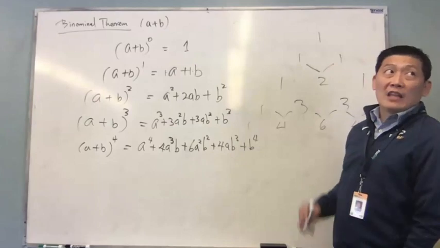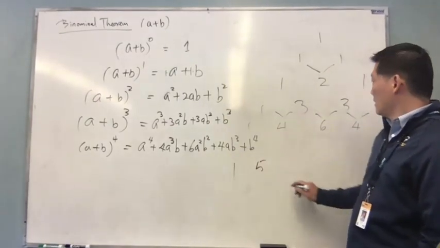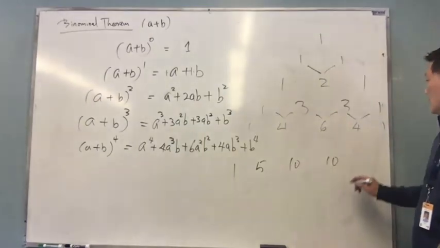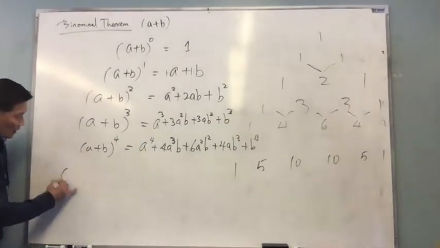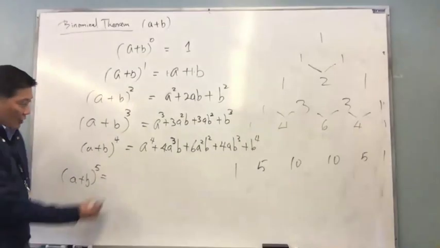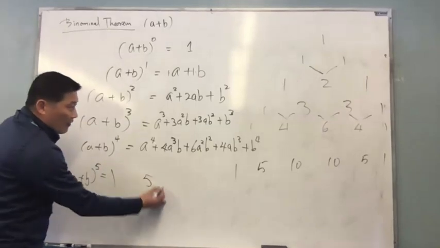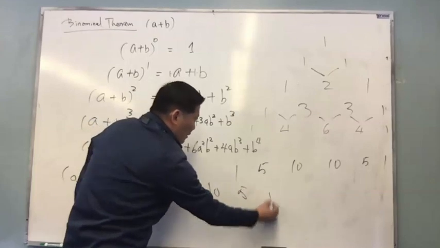So I know what the next one is. The next one will be 1, 5, 10, 10, 5, 1. So now I know how to do this. I know a plus b to the 5th power is 1, 5, 10, 10, 5, 1.